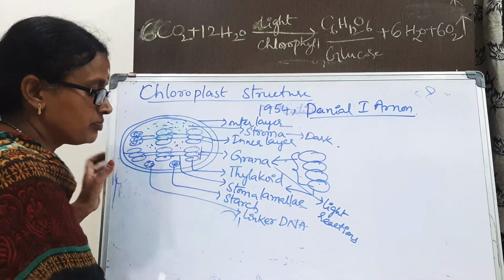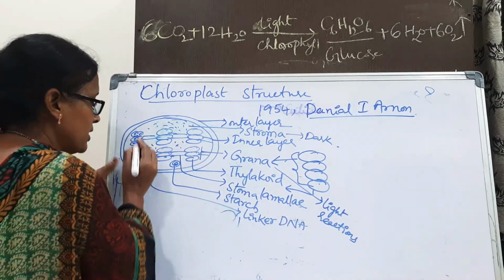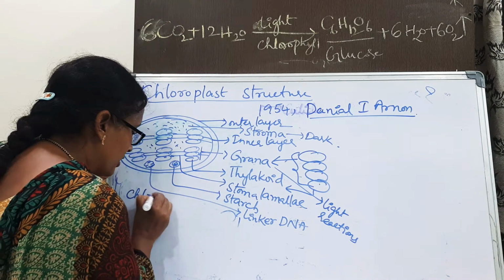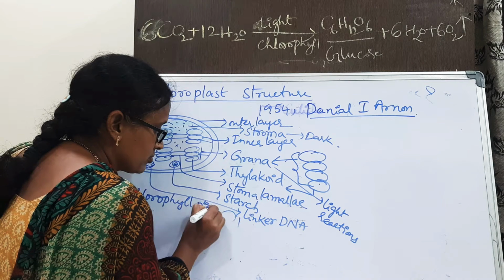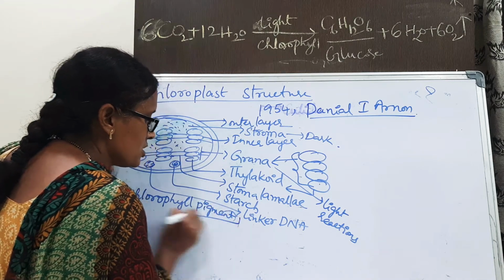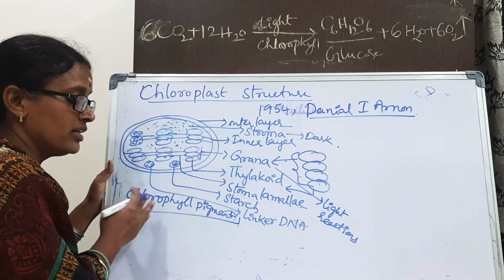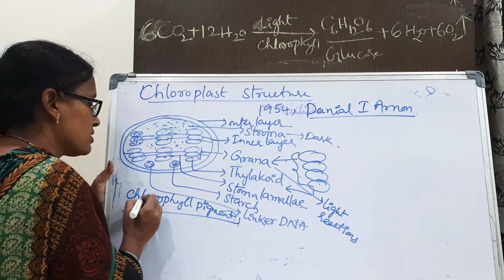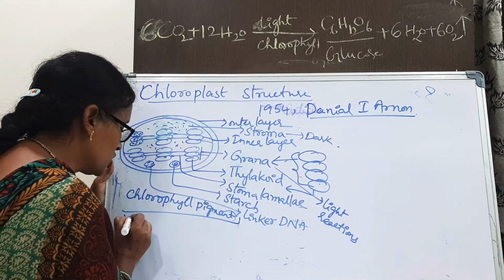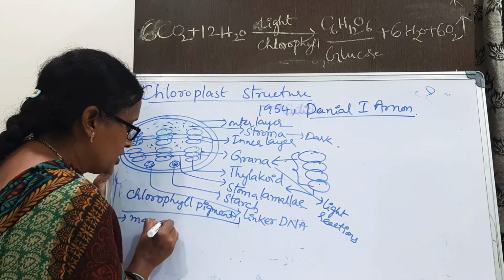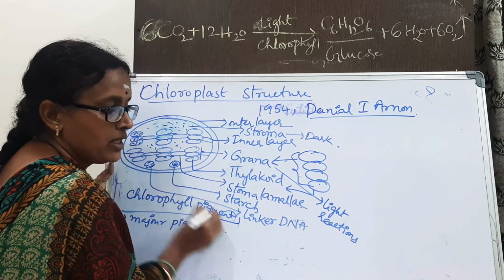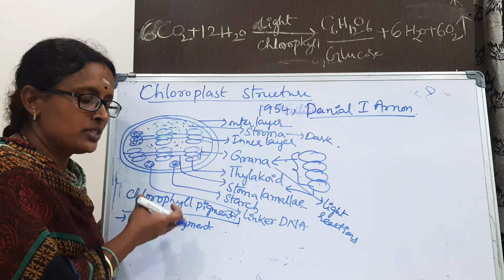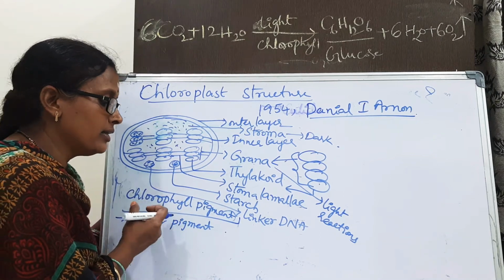Next, chlorophyll pigments are present in the thylakoid. Some structure is given, not a detailed one, but it is the major pigment for photosynthesis. Chlorophyll is the major pigment which taps the sunlight, and in its structure it consists of one magnesium atom.